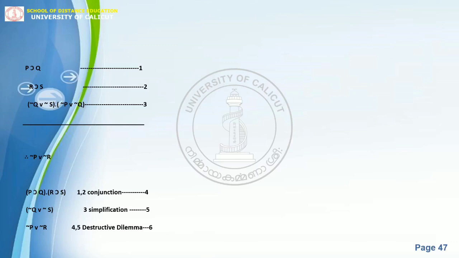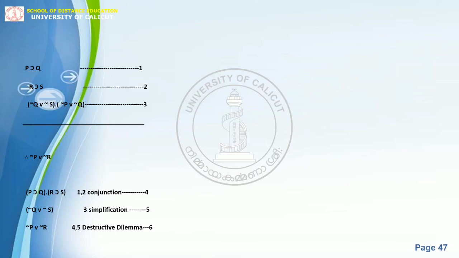Then we can simplify the third statement, that is negation Q or negation S. From that what we infer is that it is of the form of a rule; we should check with the 9 rules of inference, which we should be thorough about, and see which rule it is similar to. From this we can find that it is similar to the destructive dilemma. So we can write 4-5 destructive dilemma.